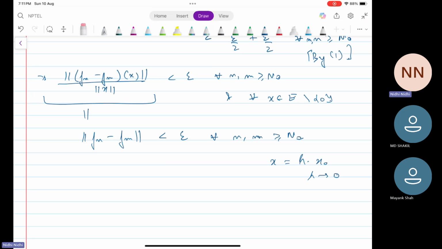Something like this. I'll prove that in detail. So they are equivalent norms, equivalent definitions for the operator norm.